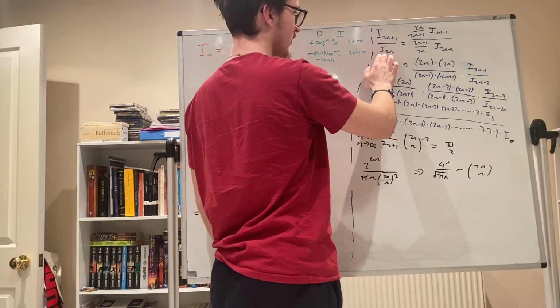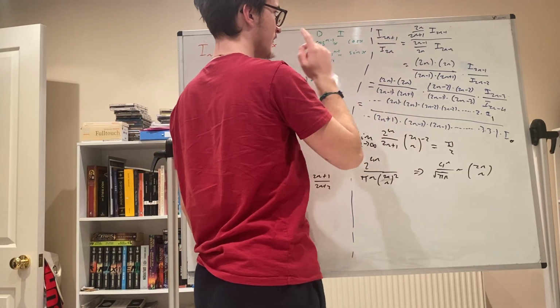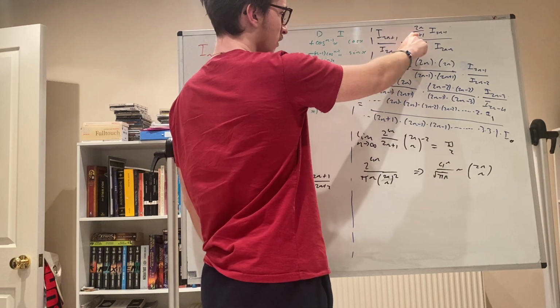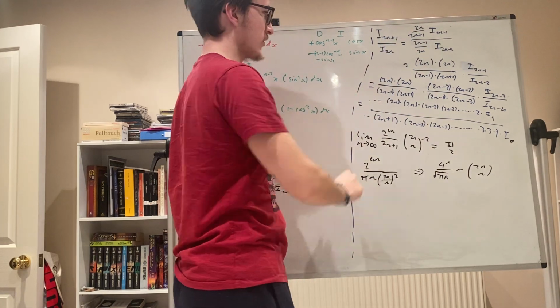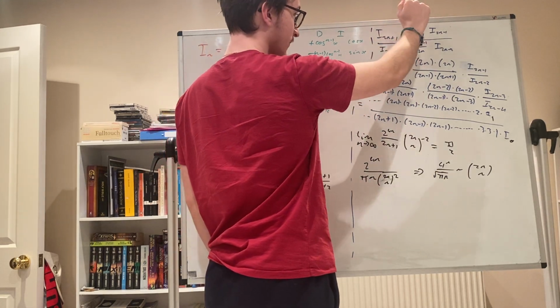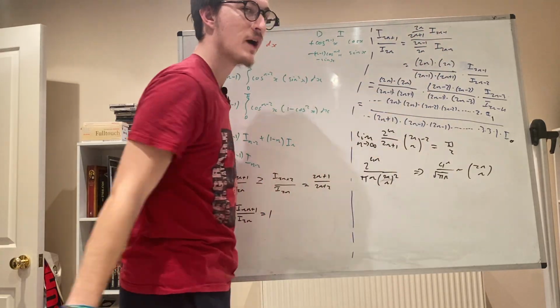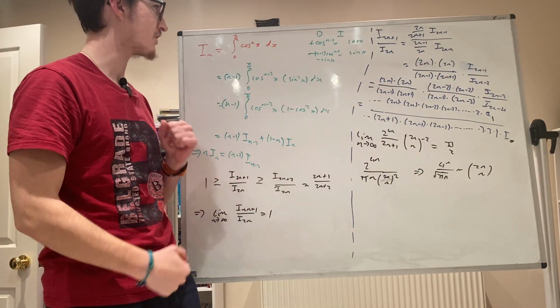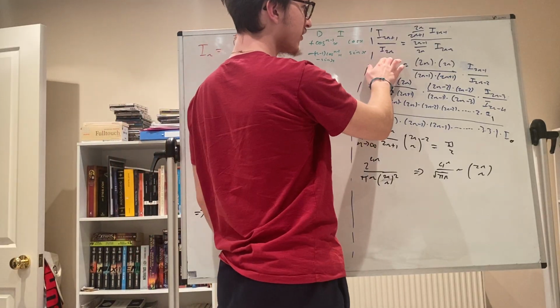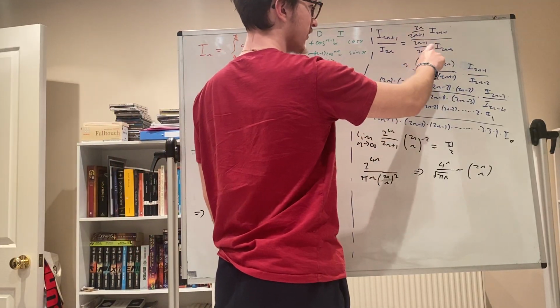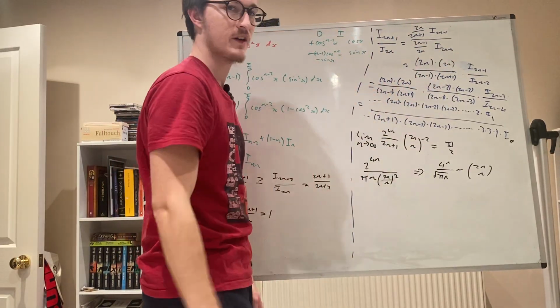So I_(2n+1) over I_(2n): let's look at the top and the bottom separately. I_(2n+1) is just 2n over 2n+1 times I_(2n-1) by the recursive relation. And similarly, I_(2n) is just (2n-1) over 2n times I_(2n-2).